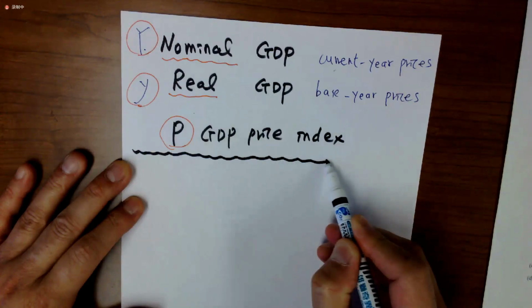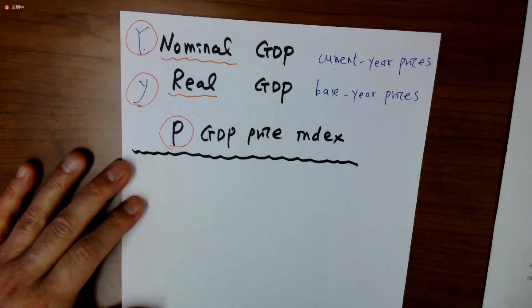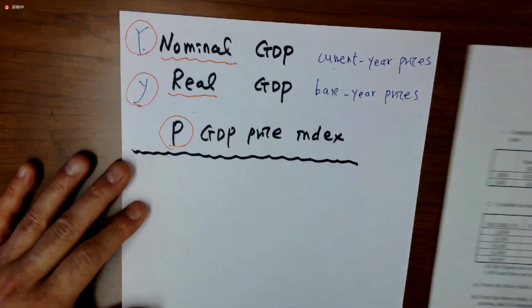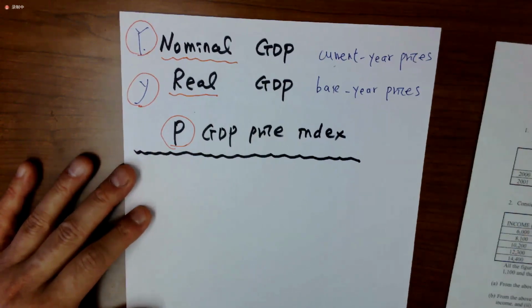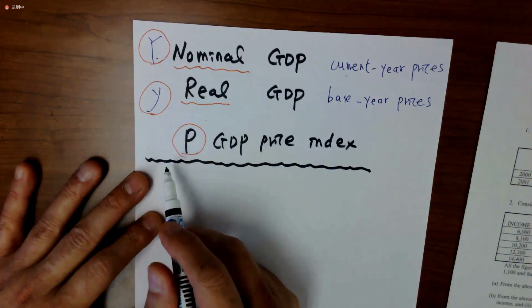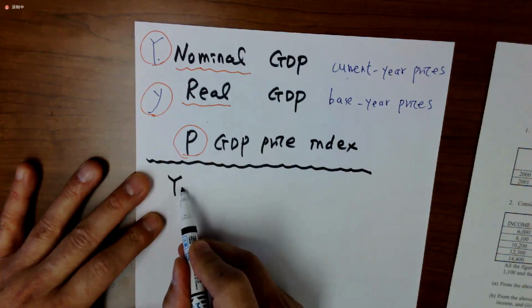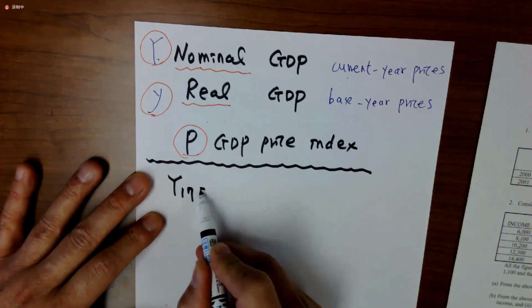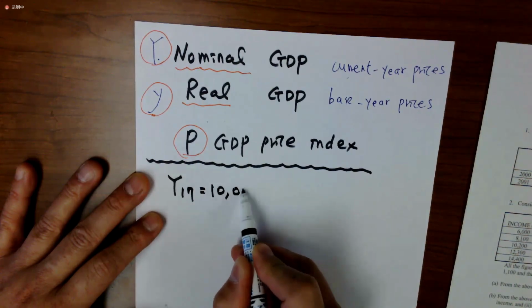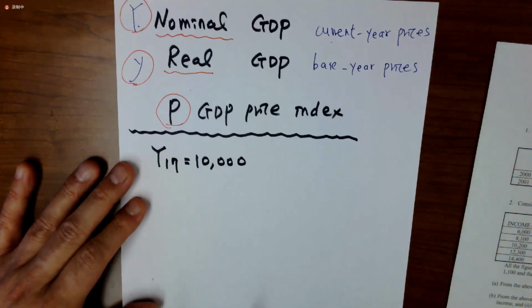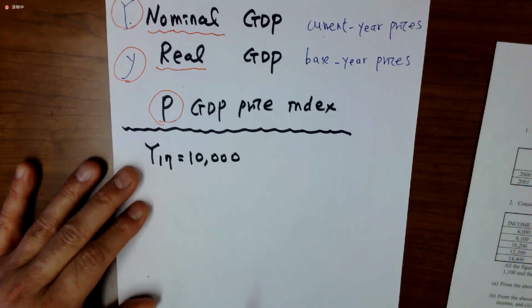So now, for this particular problem, what is given to you is that number one, the nominal GDP for the year 2017 is equal to 10,000, right? Yeah. So this is given to you. Say yes. Yes. Next, inflation rate.